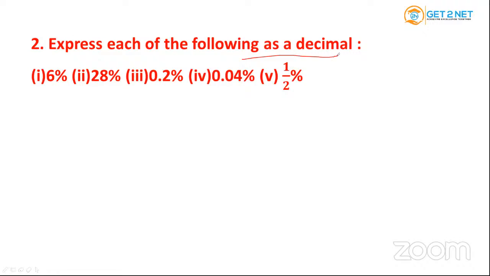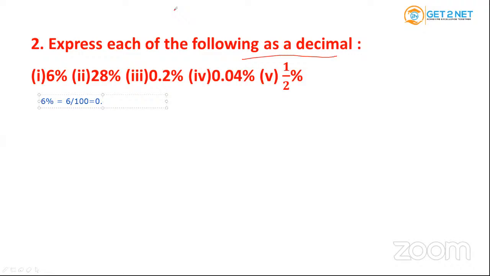Those of you who are new to percentage class, do it with me. Rest, you people can do it. 6% equals 6 divided by 100. So that comes to how much? Arpita, 0.